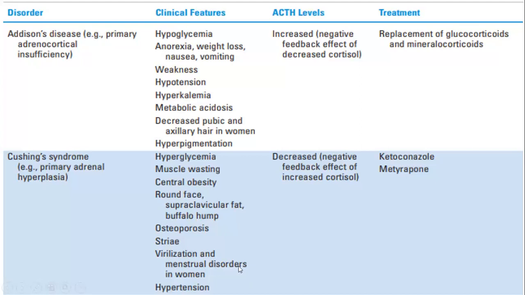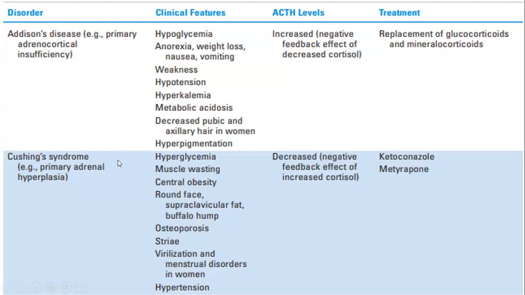In Cushing syndrome, remember, you have excess cortisol, leading to hyperglycemia. The excess cortisol, through the negative feedback mechanism, sends a feedback to your anterior pituitary gland to stop releasing ACTH. Therefore, in Cushing syndrome, due to an increase in cortisol, you have a decreased ACTH.